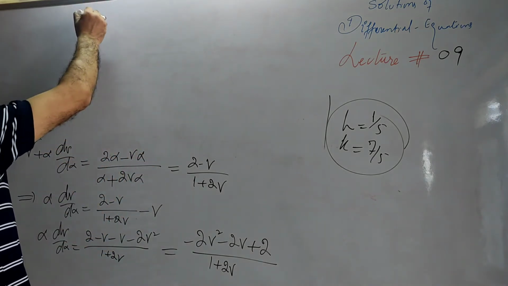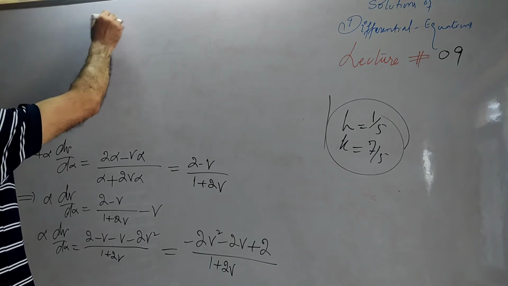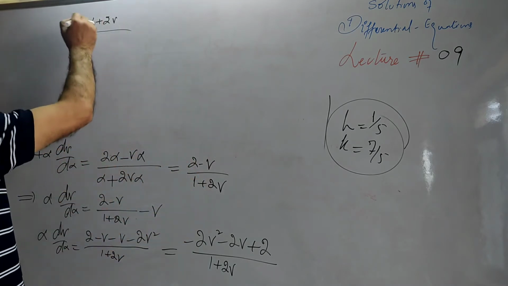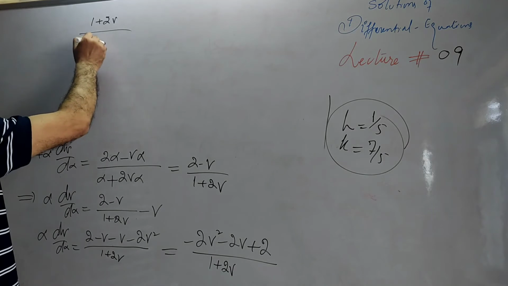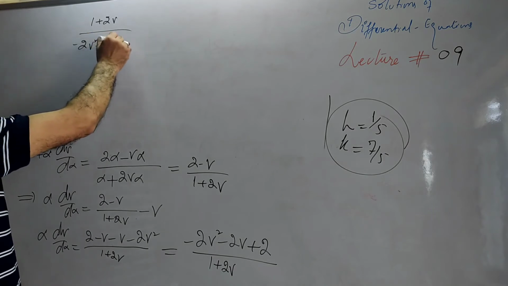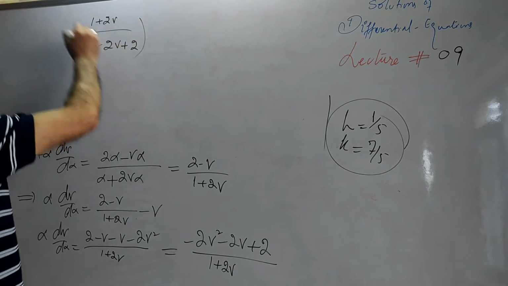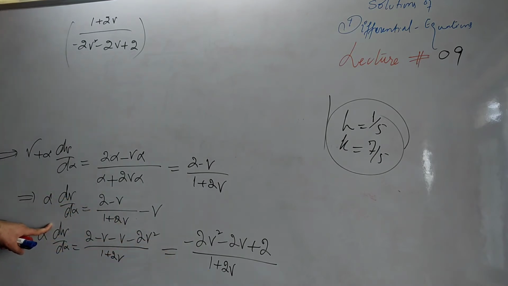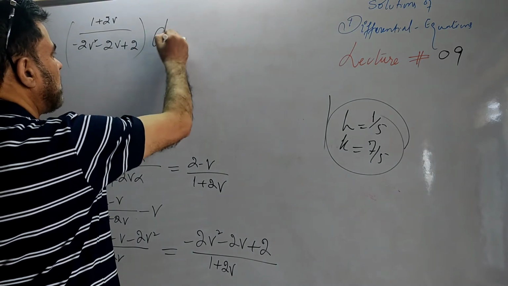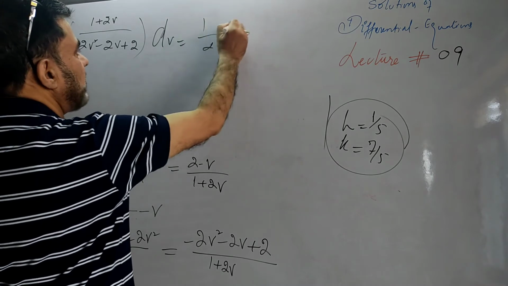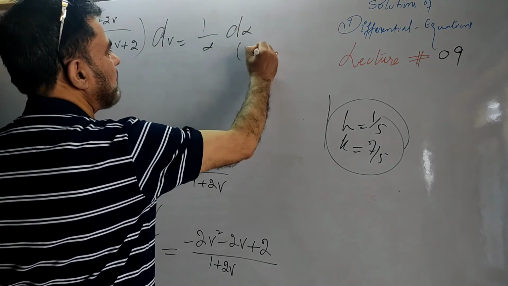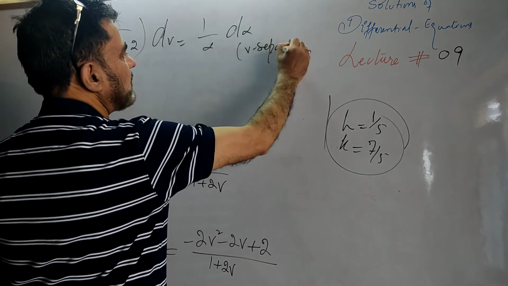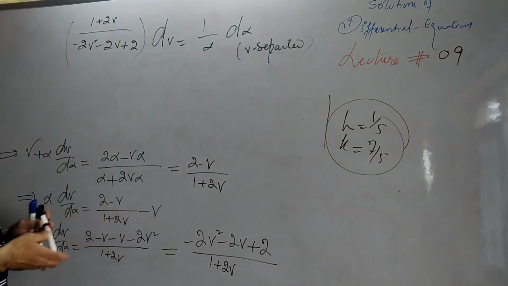You have 1 plus 2V by minus 2V square minus 2V plus 2. 1 plus 2V will go with dV, and this will come down, minus 2V square minus 2V plus 2, dV is equal to 1 by alpha d alpha. Means variables got separated.